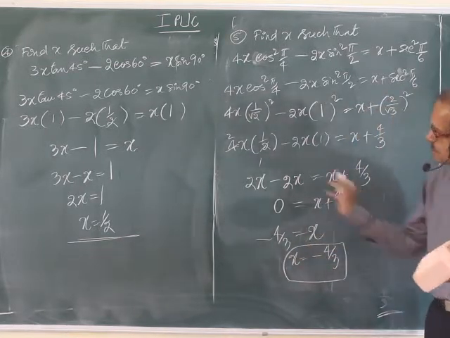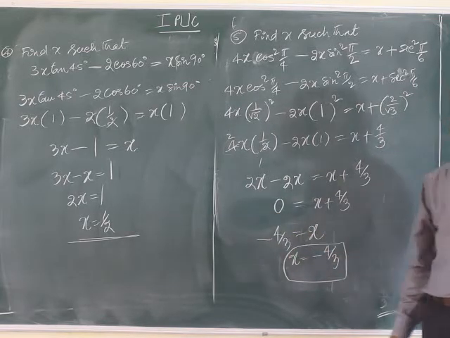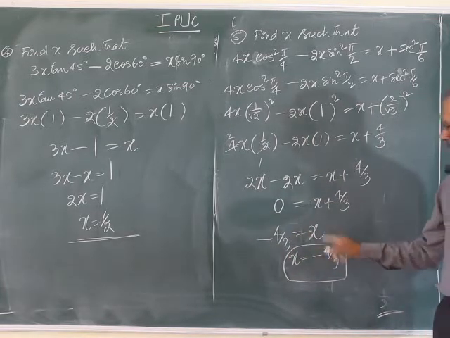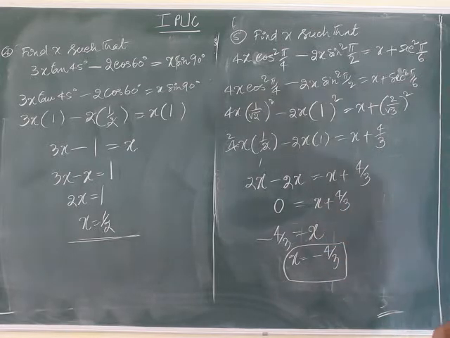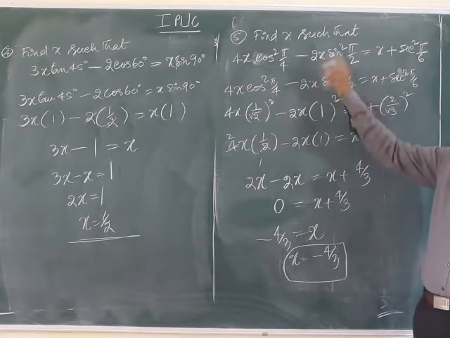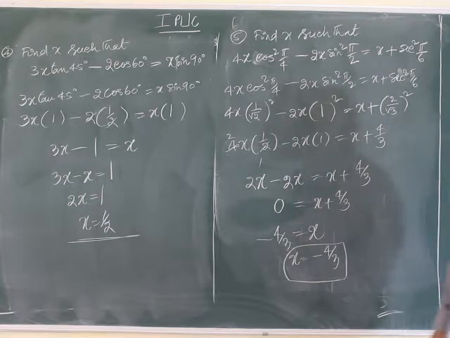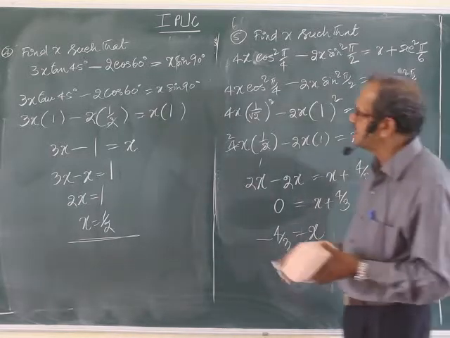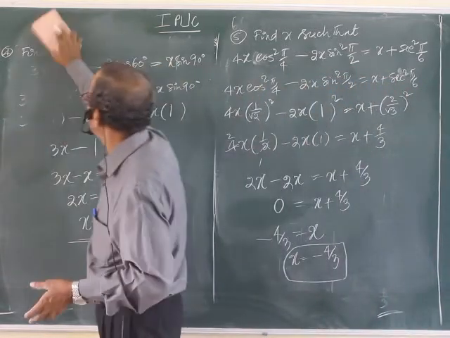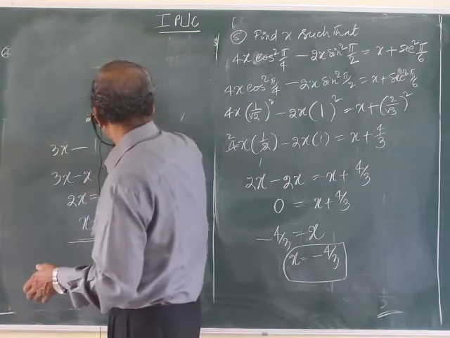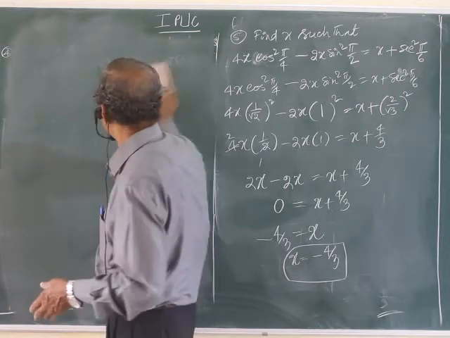Take this 4 by 3 to the other side, minus 4 by 3. x remains same. Value of x is minus 4 by 3. Anyway, even if the angle is in radian, you can find the value of x just by substituting the trigonometric ratios of standard angles.